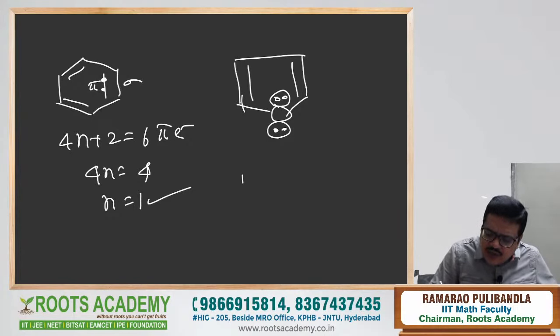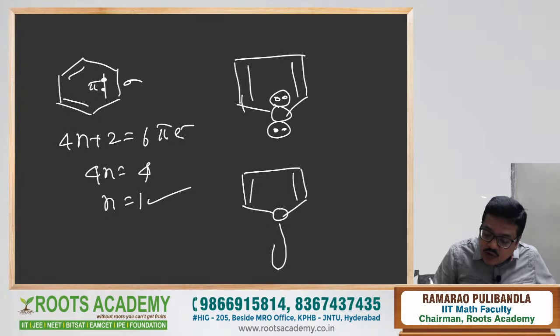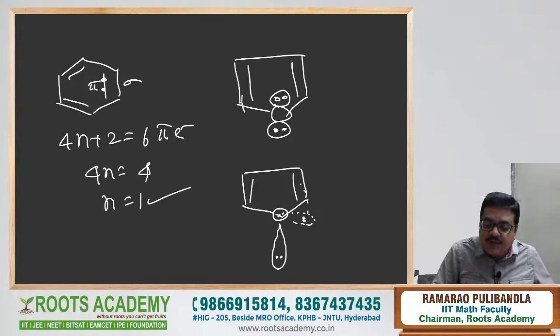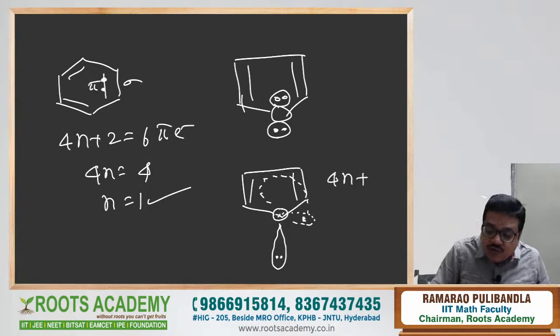No. If you consider the picture of this oxygen, one lone pair is parallel to the ring and the other lone pair is perpendicular to the ring. Only the parallel one participates in resonance. So 4n plus 2 is 6 only, the other pair should not be counted. So n is equal to 1, and it is aromatic.